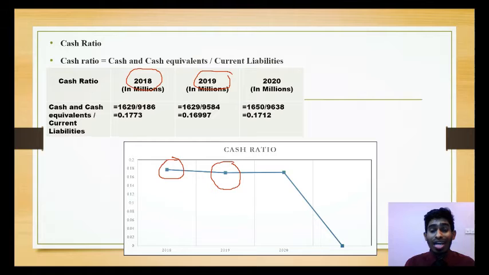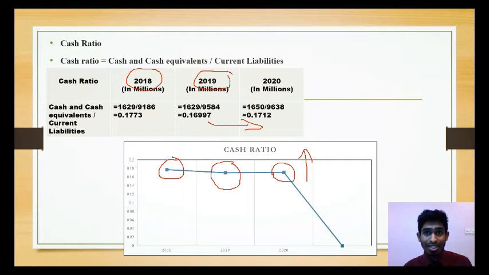Then the ratio slightly increased from 2019 to 2020, that is from 1.667 to 1.7712 in 2020. From this cash ratio, we can conclude that the company's ratio is less than 1.0, indicating that it does not have sufficient liquid assets to meet its short-term liabilities. The firm should be approached with precaution in cash ratio in the future.